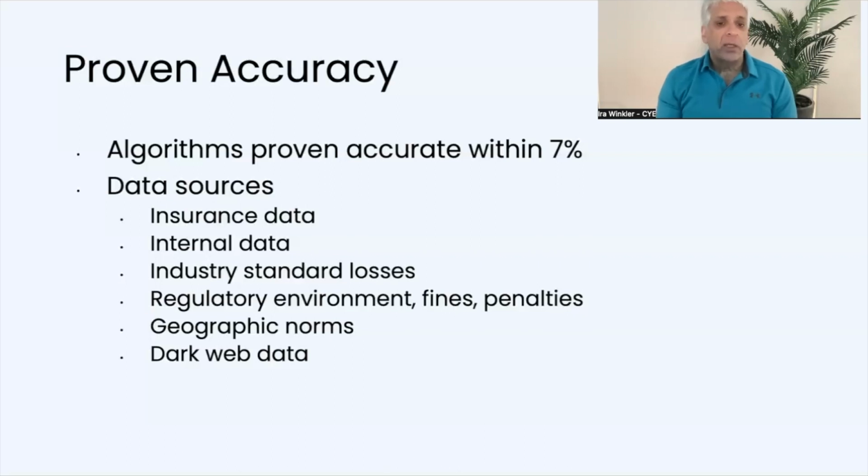We also calculate in geographic norms, because obviously somebody in Europe might have a different set of risk than people in the Africa continent. And then we also bring in dark web data, because dark web data has different sorts of sources of information where we can determine that there's a lot of potential hacks against, let's just say, the financial sector, and that would likely increase the potential loss within a client in the financial sector.